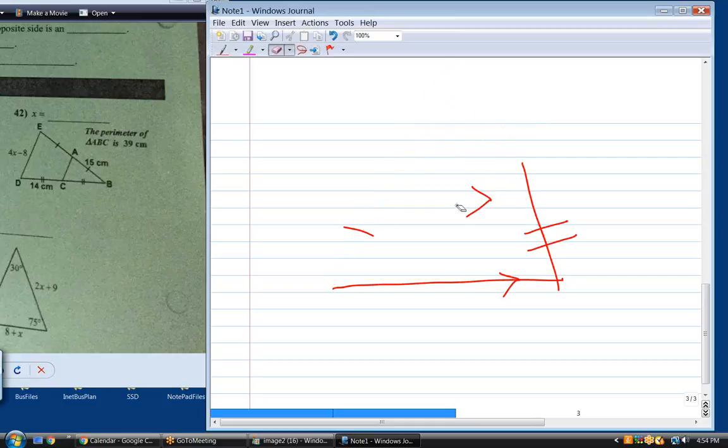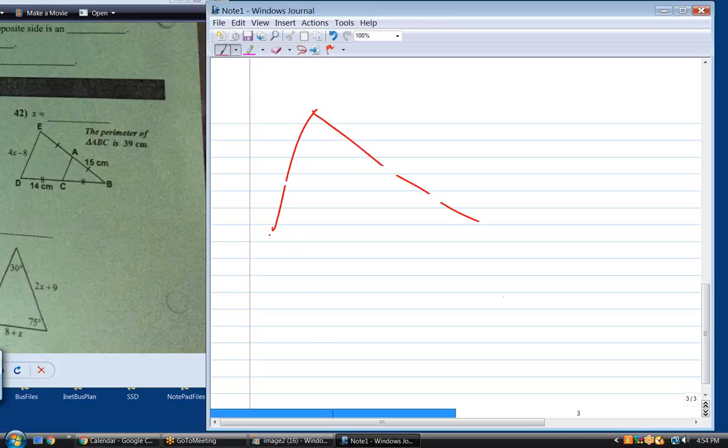I do find that a lot of these problems where you have similar triangles mixed together like this, it really does help to split them out into two figures like that. Because now it's really easy to tell corresponding sides.